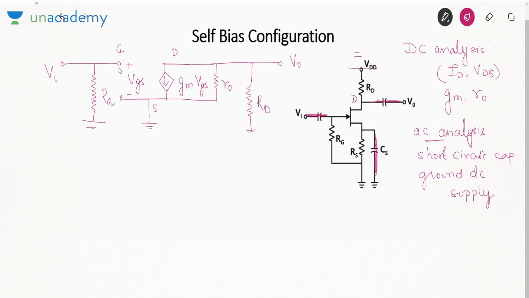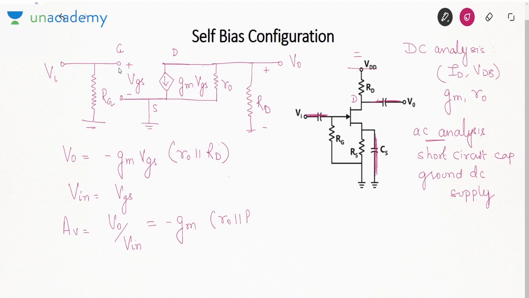Now this circuit is exactly same as your circuit in the fixed bias configuration, which means here also I will write V0 as minus GM VGS, the two resistances in parallel, R0 parallel RD, and then Vin equal to VGS. So the voltage gain, which is V0 by Vin, is minus GM R0 parallel RD.